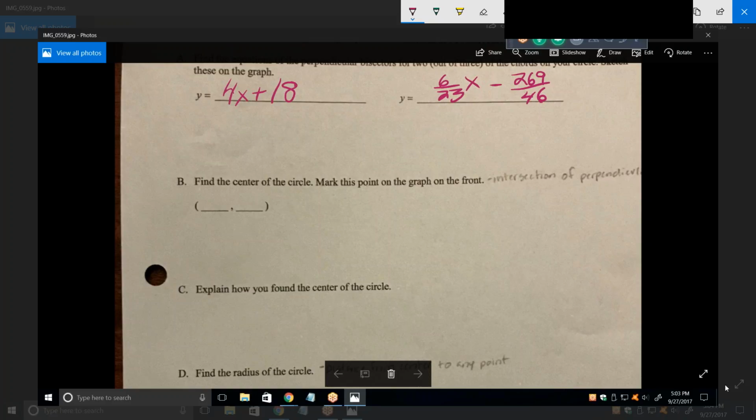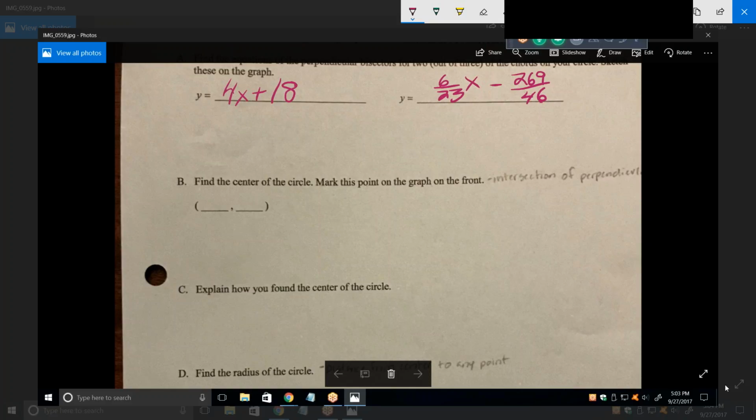Okay, so if we want to find where these 2 lines intersect, in other words, the one on the left is one perpendicular bisector, and that's another one. So wherever they intersect is the x-coordinate of the center. And then we're going to substitute the x-coordinate into this simple one over here on the left to get the y-coordinate.